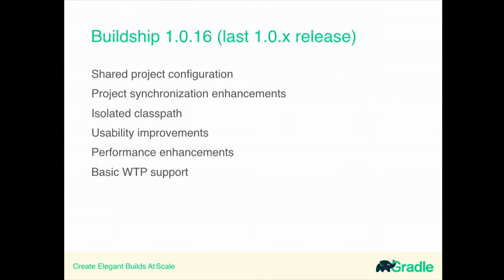Basically the focus was still on the user and not on the build master. So we're still giving a better experience to the build users when working with Gradle from within Eclipse. One thing we did very early on after the 1.0 release is to share the project configuration, or to make it shareable, such that when you check in the project configuration to your version control, other people can check it out and have a working setup.